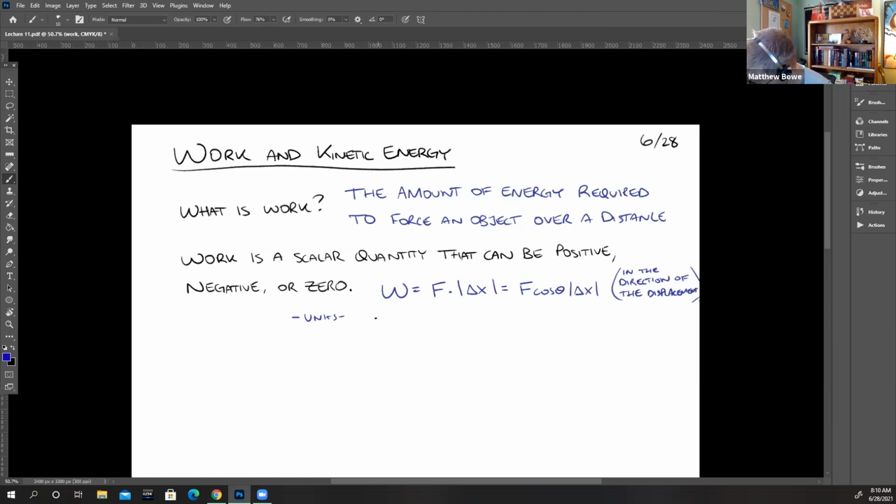I'll say work is 1 joule, just a J as the unit form, is equal to 1 Newton, right underneath the force, times 1 meter. So these are the units, or what a joule is made of.